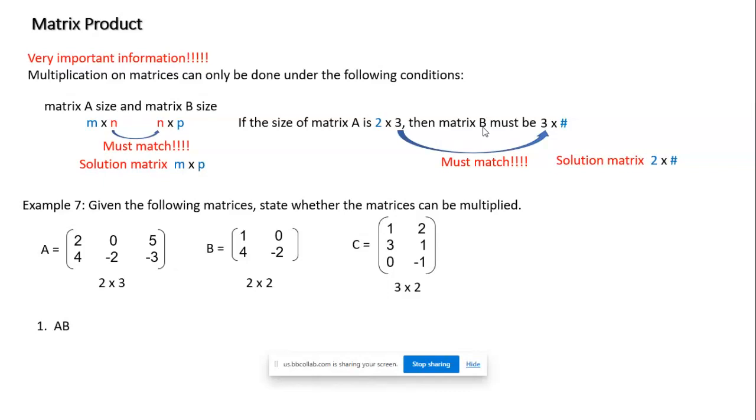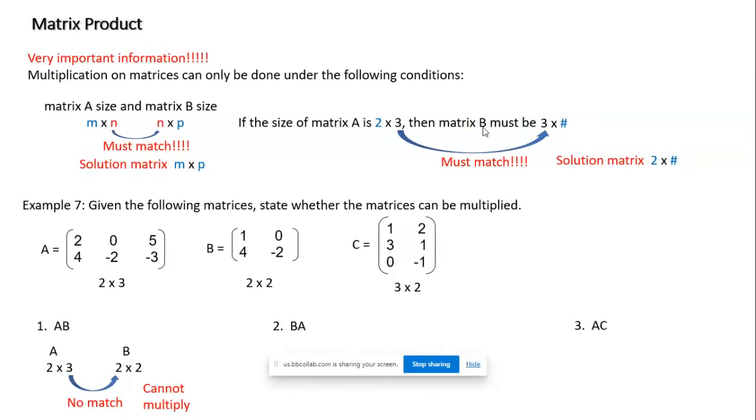If we see here, the columns of matrix A are 3, but the rows of matrix B are 2. These do not match. Since the columns of the first do not match the rows of the second, the answer would be no match, so cannot multiply, or you would say impossible.